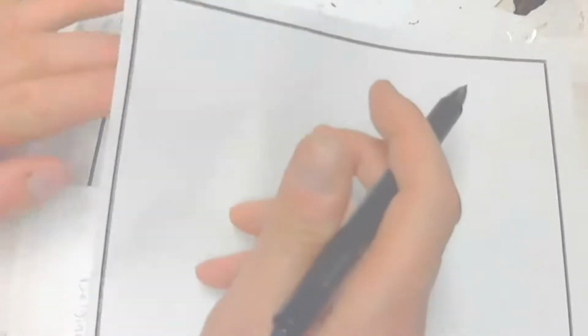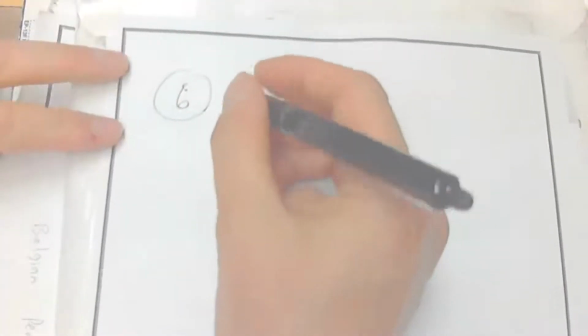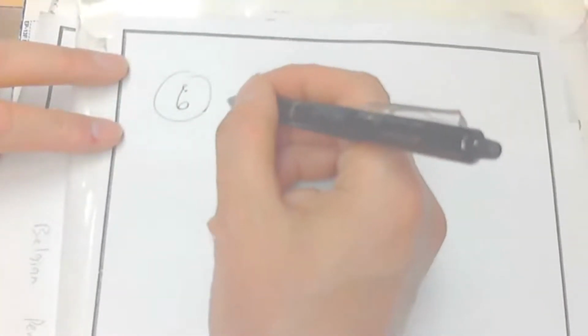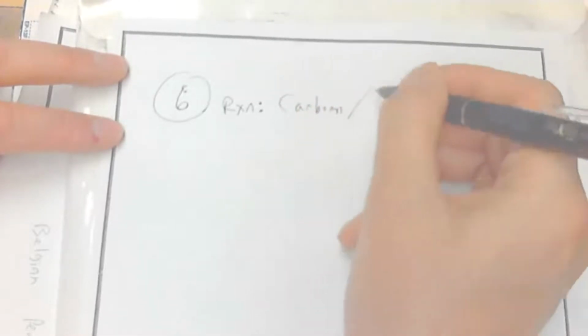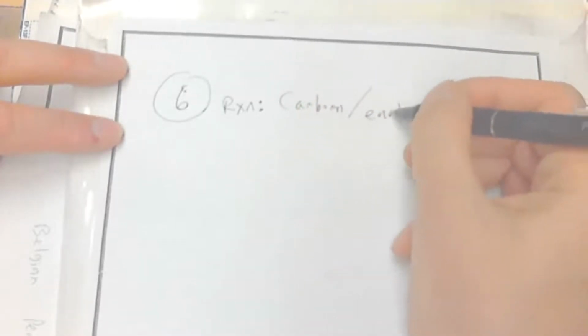All right. So just a tiny bit more on these beta-lactam antibiotics. We're still on number 6, which based on our organization is related to the synthesis of these drugs: carbonyls, enols, aldols.